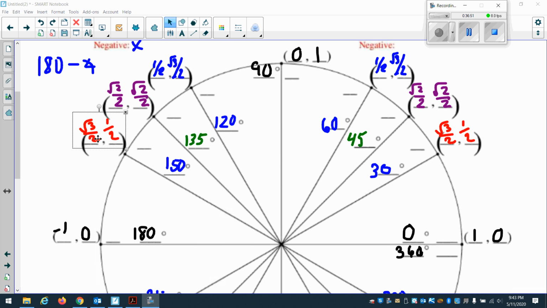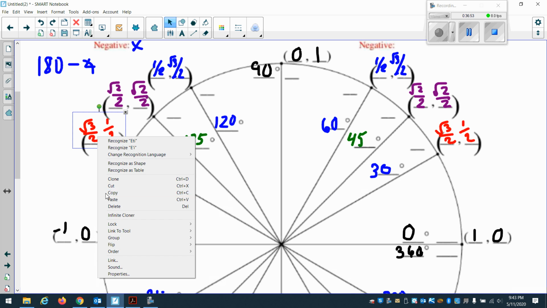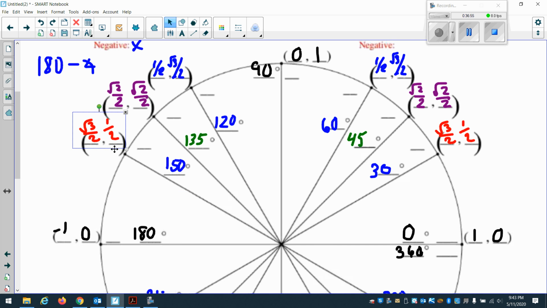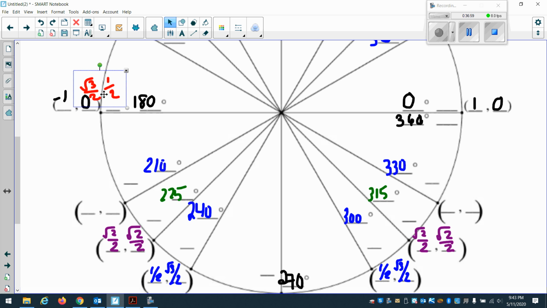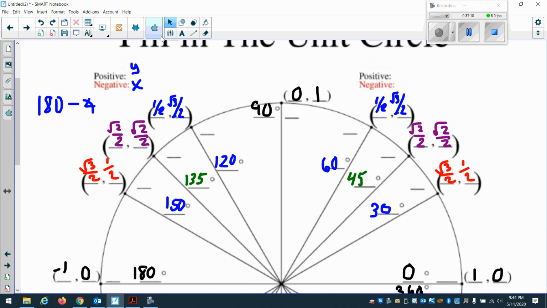Now, if you notice, I'm doing 150. Well, I have root 3 over 2 and 1/2. Well, also 210 is the same thing, as well as 300. So now I'm going to go through and do the signs. Well, in quadrant 1, everything is positive, x and y, so I don't have to do anything there.